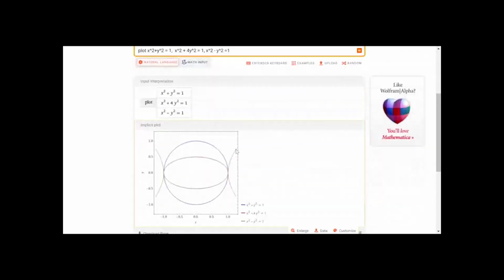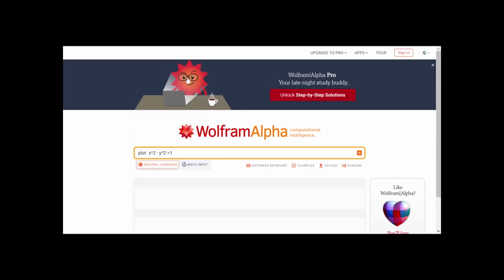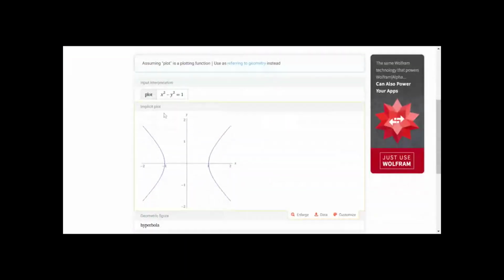Do you see x squared minus y squared equal to 1? So let me remove the other ones. Okay, so it's plotting all points so that x squared minus y squared is equal to 1. See how it looks? You get this kind of shape.